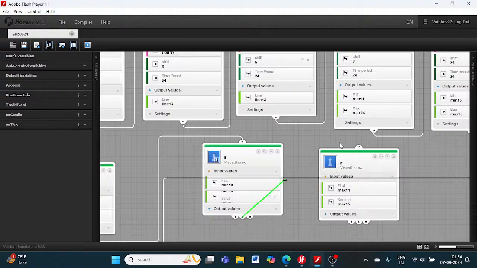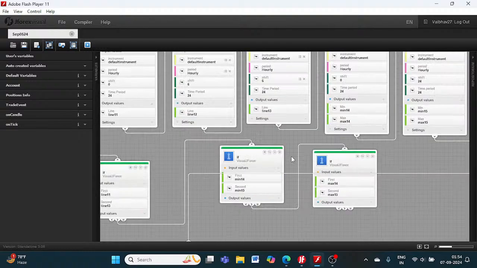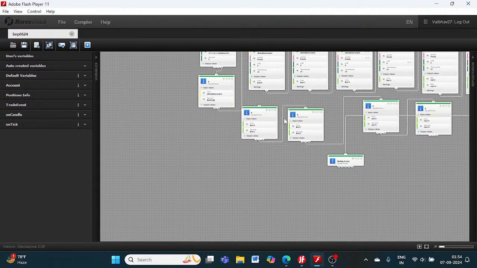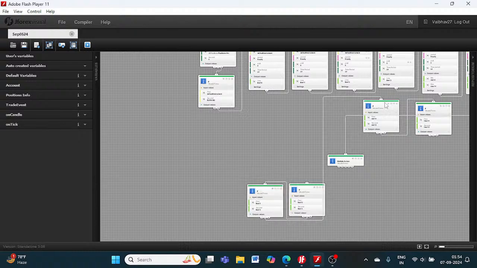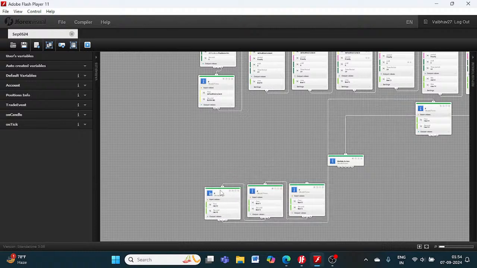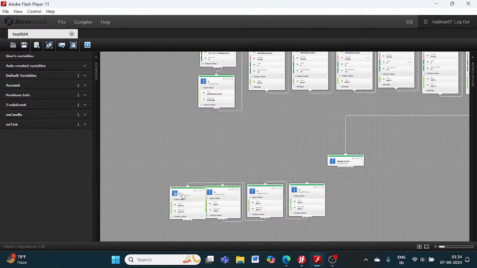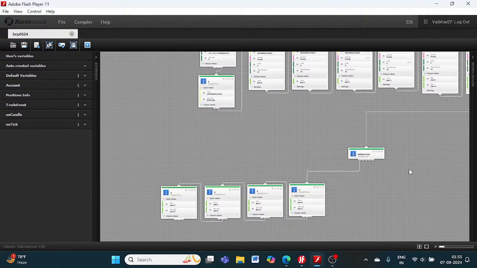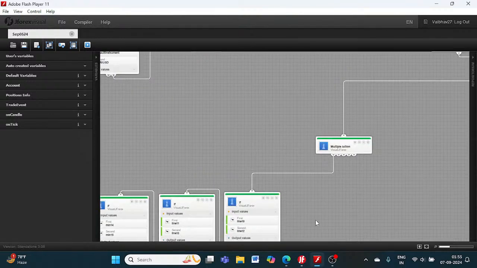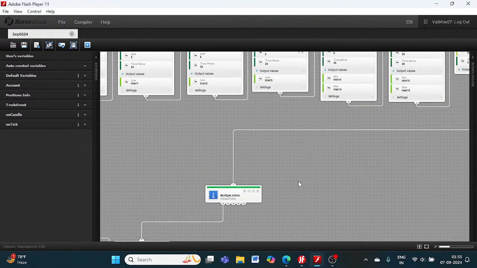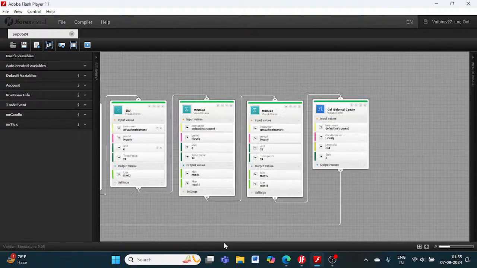So this again needs to be greater. Now we start putting these blocks here. Okay, we have done the comparison of the SMA and the minimum and maximum.